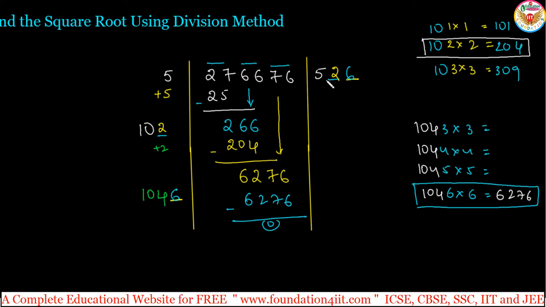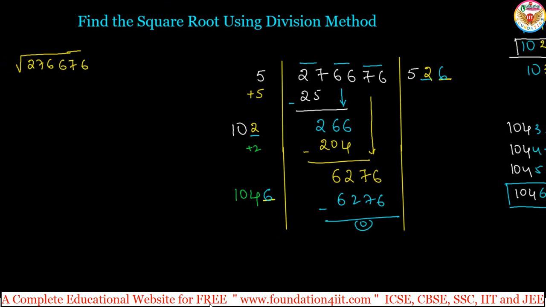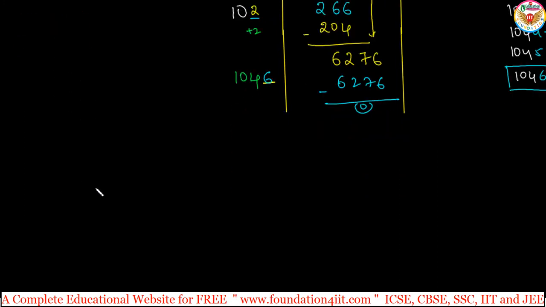Now once you get this, the quotient place is our answer. The quotient is 526. Okay, so the square root of 2,76,676 is 526.